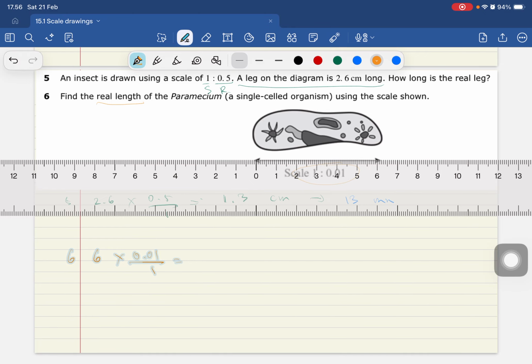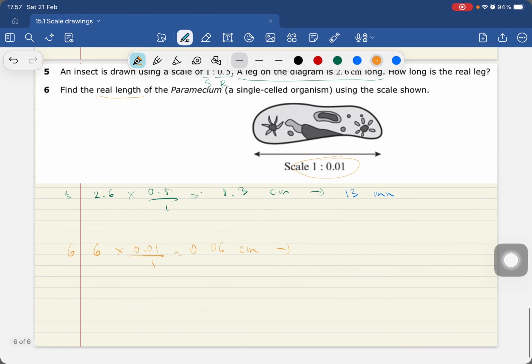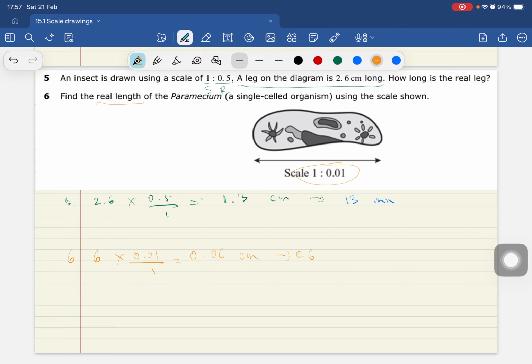So 6 multiplied by 0.01 is going to be 0.06 centimeter, or we can make it as millimeter, 0.6 millimeter. Okay, there it is. Thank you.